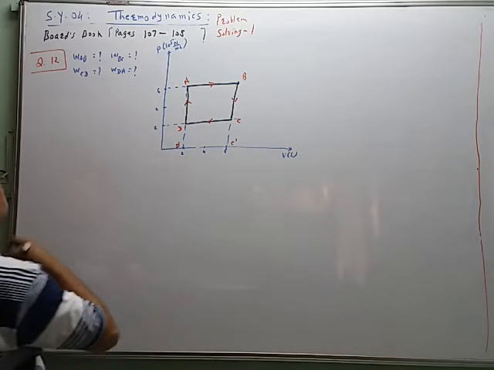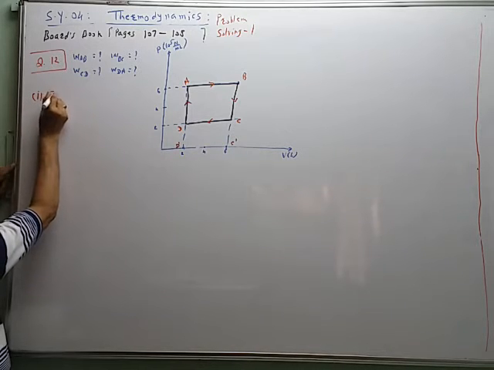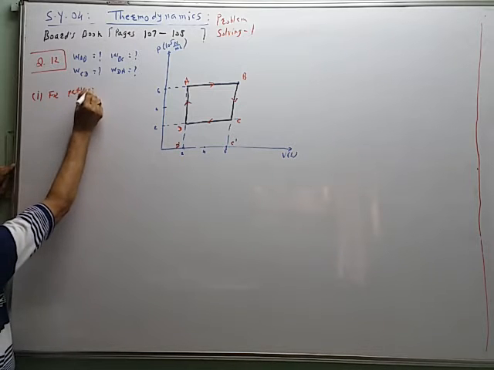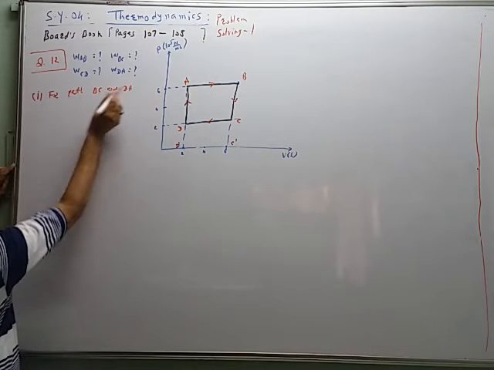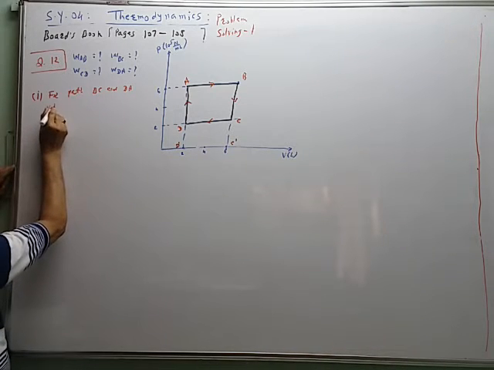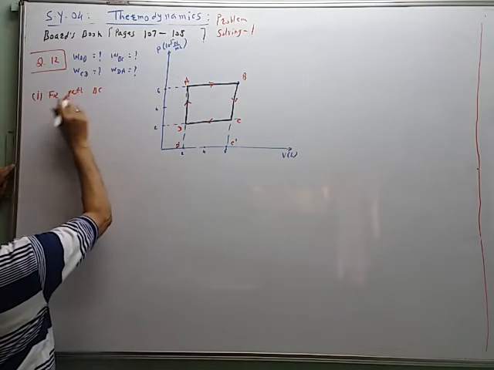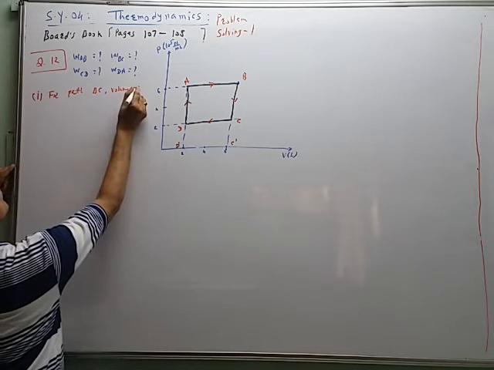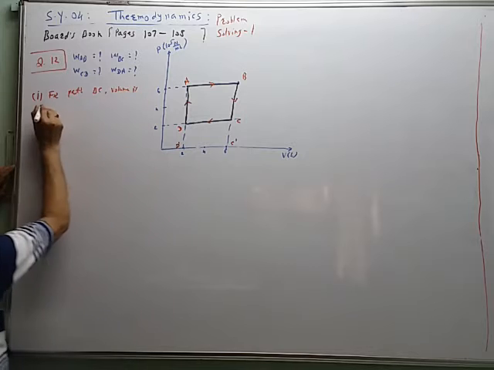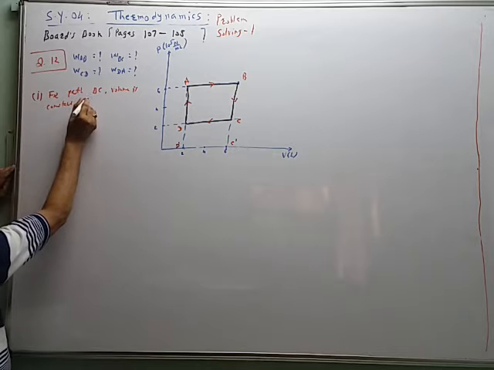सो फर्स्ट केस, for the path BC and DA, for the path BC volume is constant, 6 liter.